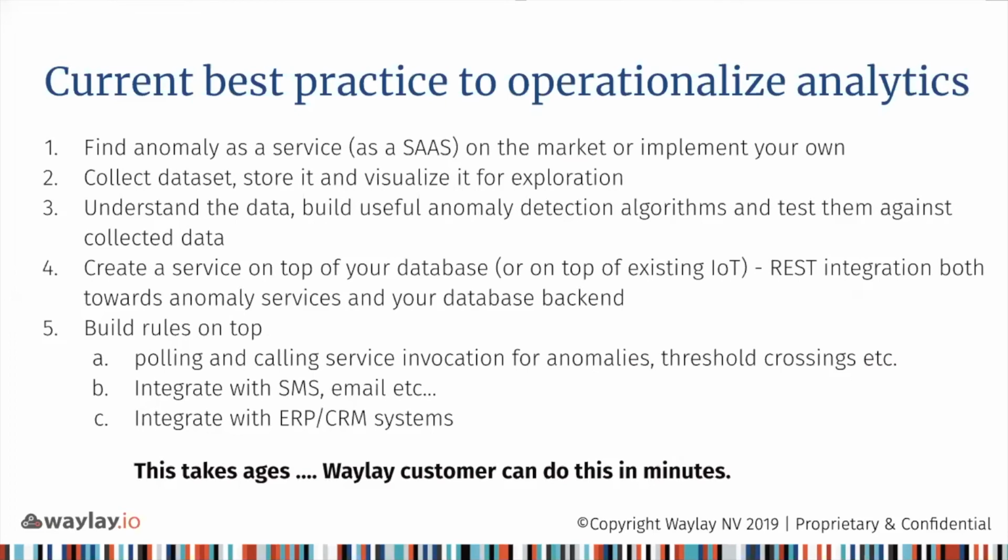So what we typically saw is a process that involves these 5 steps, right? And the first thing that people do is try to find on the market a service that provides anomaly detection as a service, or people implement their own algorithm in Jupyter notebooks, for example.